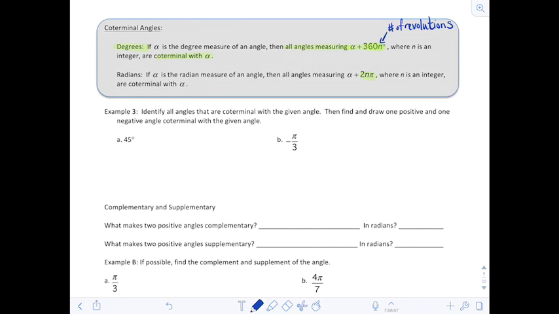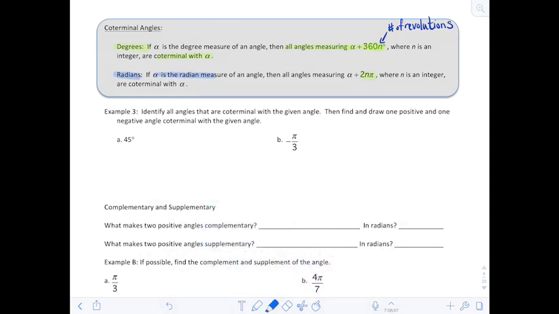If we have alpha and we add another 360, we're right back at the same place. And another 360, back at the same place. And another 360, back at the same place. They would all be coterminal, but as we keep adding 360, the degree measure changes. In radians, the concept is the exact same.